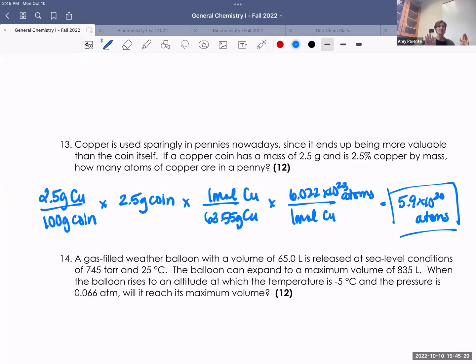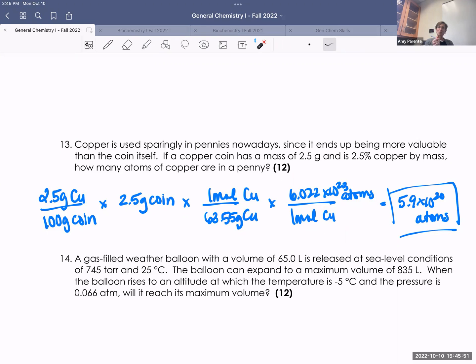Just look at the units that you know and figure out the units that you want to go to. Sometimes people work unit conversions backwards. They say, I have atoms, so I'm going to work backwards and I need atoms in my numerator. Then Avogadro's number will allow me to walk to moles.